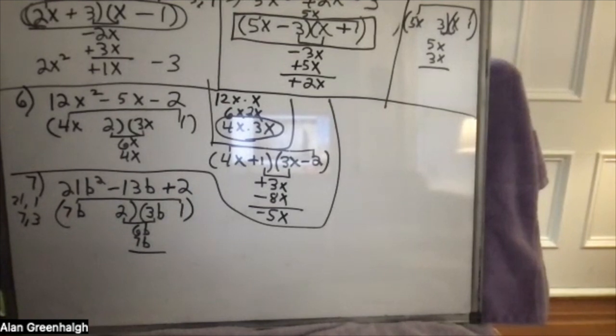Will that work? Well, 6 and 7 is certainly 13, right? So that'll work. And they both have to be negative, because a -6 and a -7 is -13.